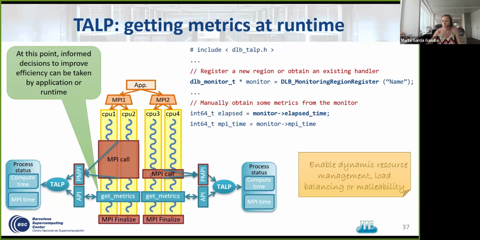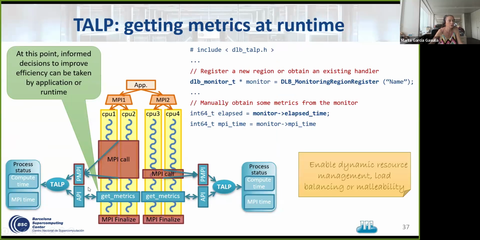The other use case that we have, which is a bit more advanced, is to get the metrics at runtime. So if we are able, from our application or an external resource manager, to obtain these metrics, we will know if this execution is being efficient or not and take decisions at runtime before finishing. In this case, we have the same situation as before.